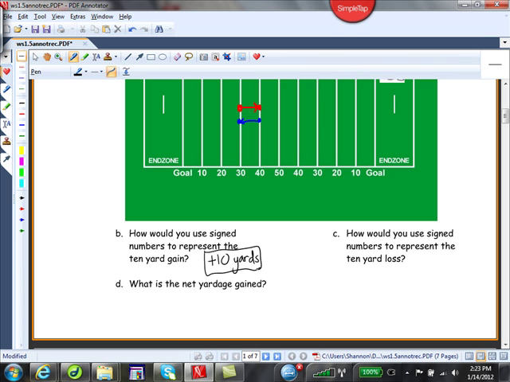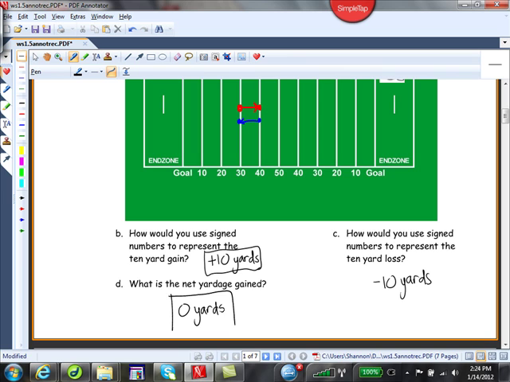Now, what is the next part, how would we use signed numbers to represent the 10-yard loss? Well, it's a loss, so it's a negative, and then again, it's 10 yards. So what would you guys say that the net yardage gained is? Good. They ended up in the same spot they started from, so 0 yards.